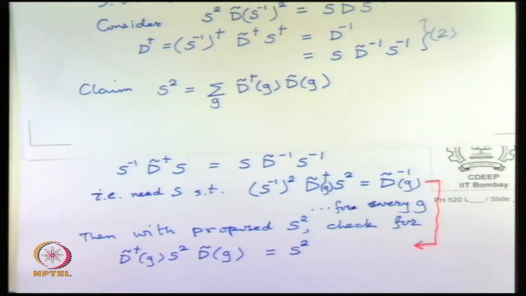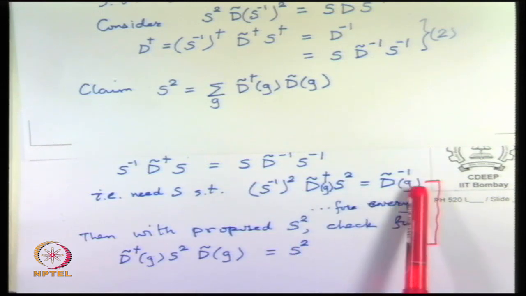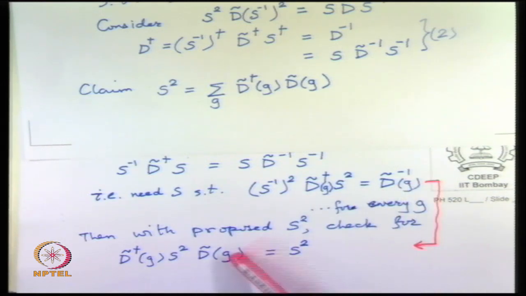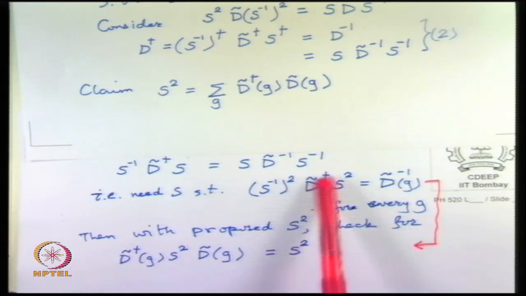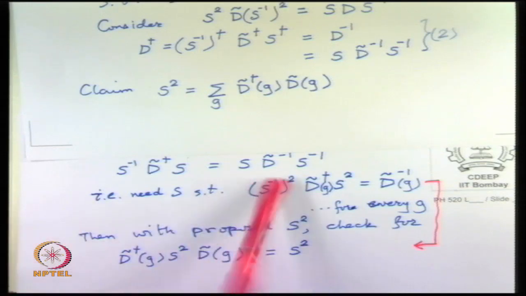By simply multiplying on the right by D tilde, so this D tilde inverse comes here, this S square remains here, and S inverse squared makes it S squared. Okay, so this is what we are trying to check.